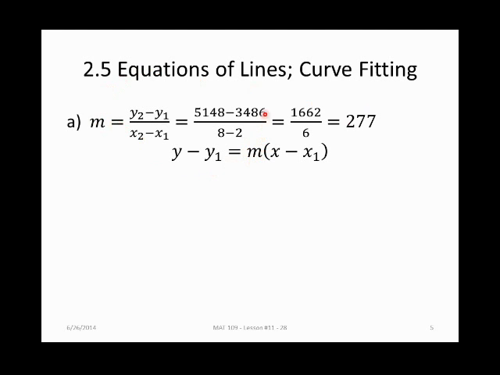Then I'm going to pick this point. Remember, both of these come from the same point, so I'm going to pick that point and use those values to put in here and here. So I'm going to put 277 in here, I'm going to put 2 in here, and I'm going to put 3486 in here.